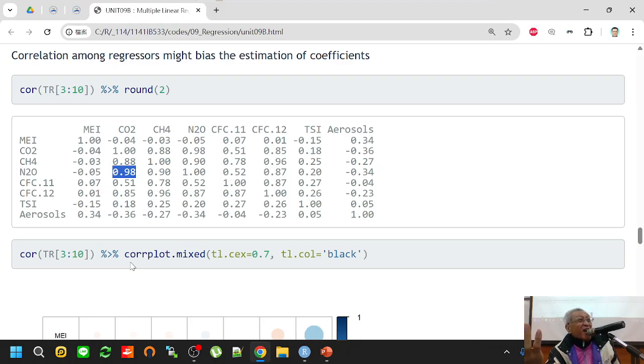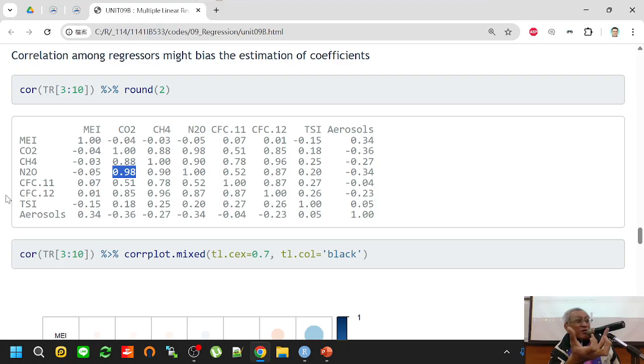Isn't it? Correlation is so high. When correlation is so high, then the method is no longer able to distinguish the effect of CO2 and NO2. Okay?